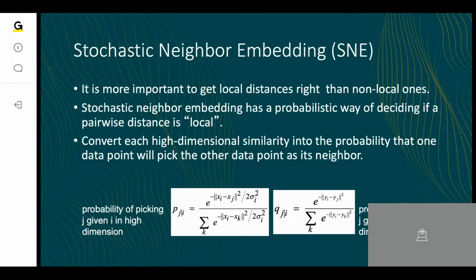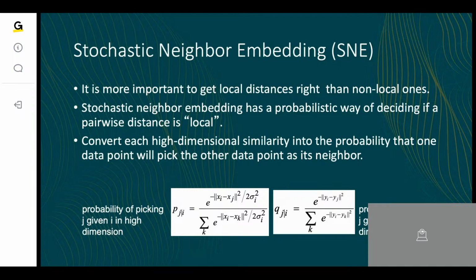But the other way around should be okay. Like, if a point is not so close in the high dimensional space, it is okay for it to be projected as a small distance in the low dimensional space.